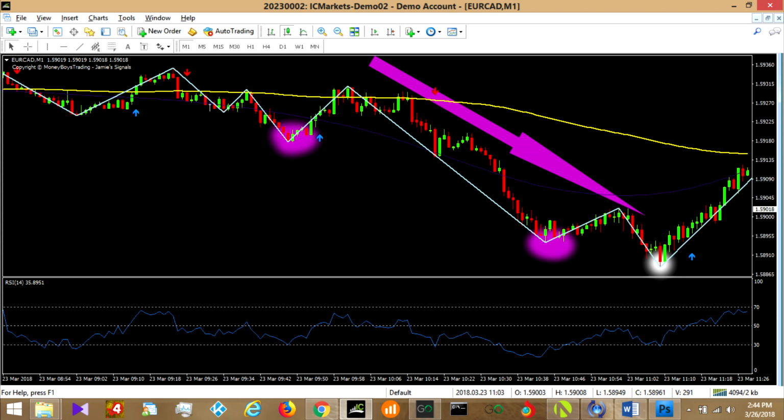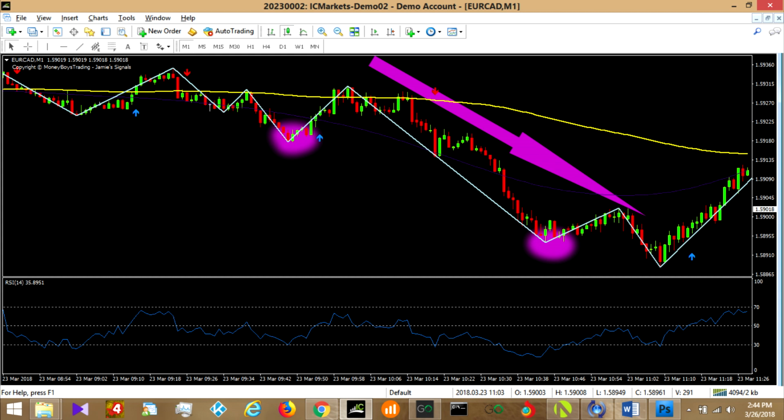In order for us to identify this as RSI divergence, here are the conditions. We must look at the previous lower lows, and concentrate on the second lower low, which has the oversold condition.